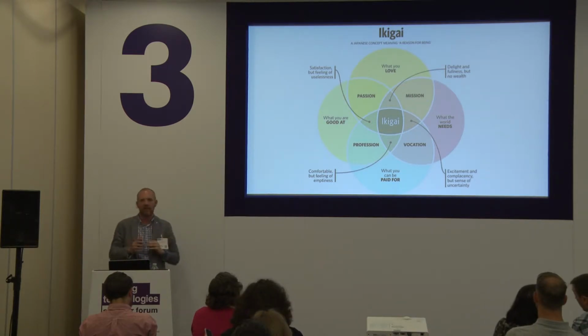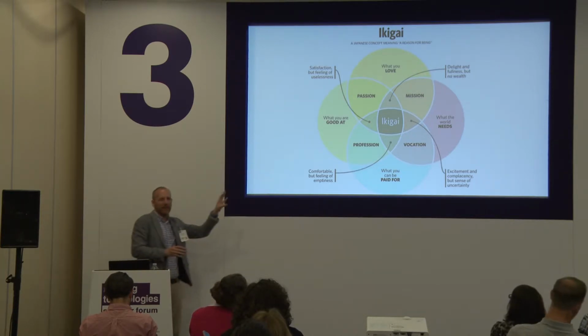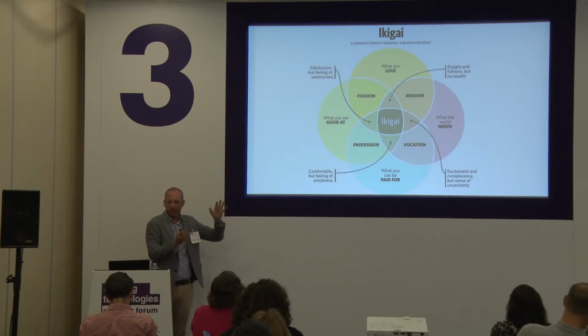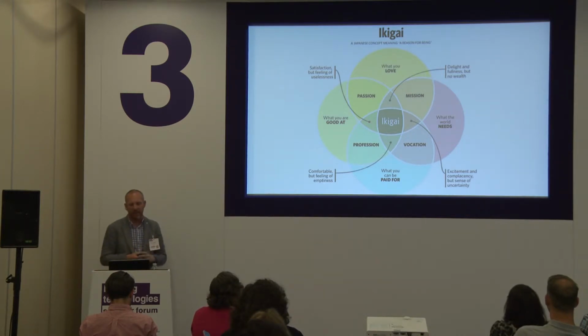It gives you a framework to look at those things and say, if I'm out of balance with one of them, then I'm in a situation that's slightly out of balance. But if I can get into the center, where all these things are lined up, then that's where I actually have a purpose.